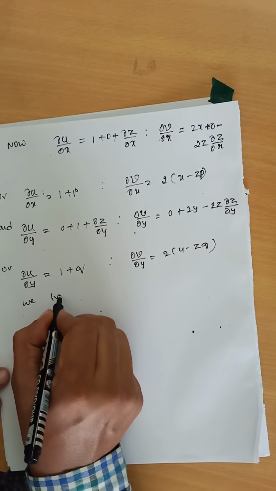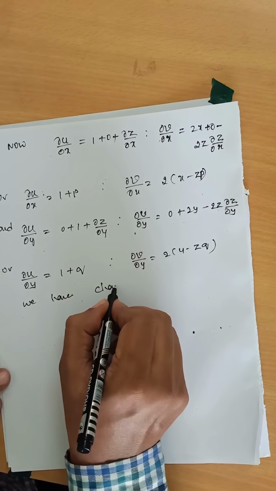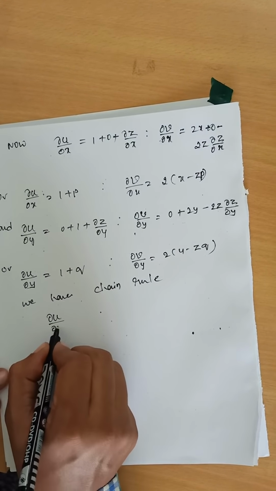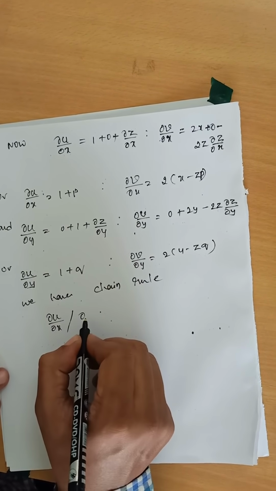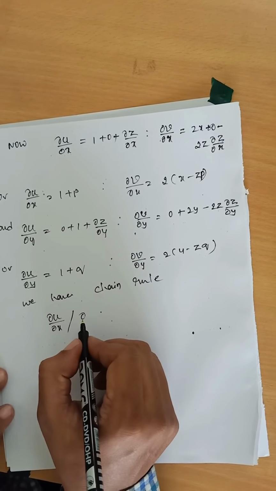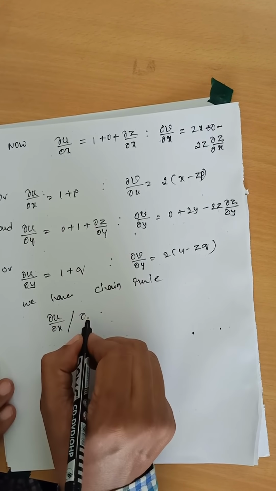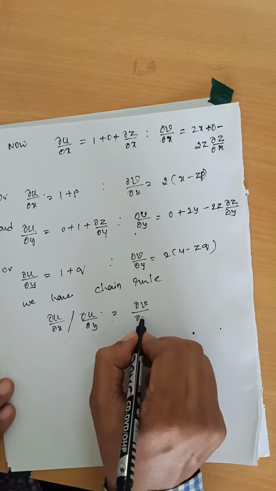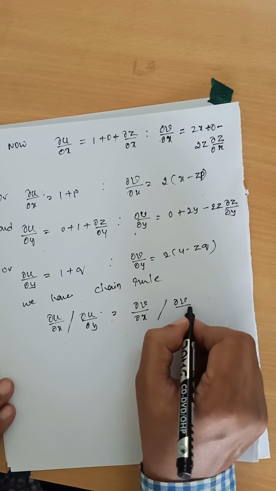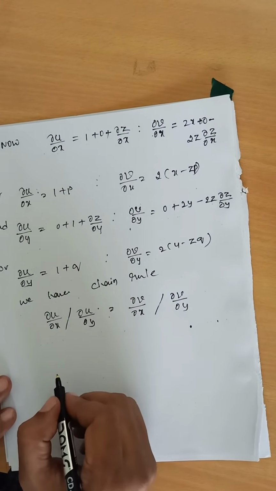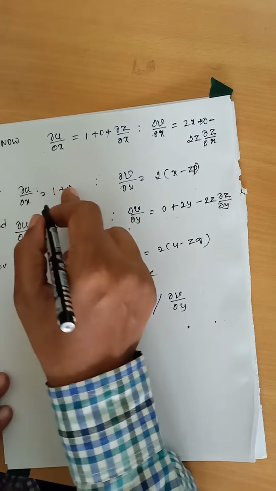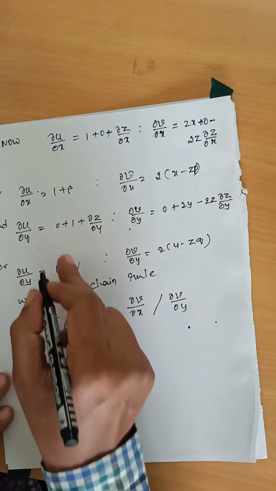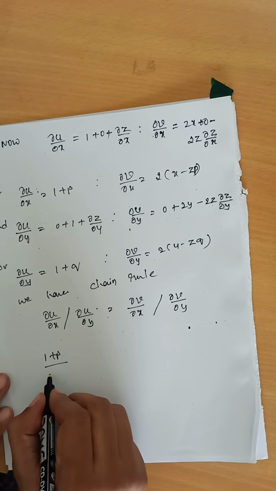We have the chain rule: ∂u/∂x divided by ∂u/∂y equals ∂v/∂x divided by ∂v/∂y. Substitute: ∂u/∂x is 1 plus p, divided by ∂u/∂y, which is 1 plus q.